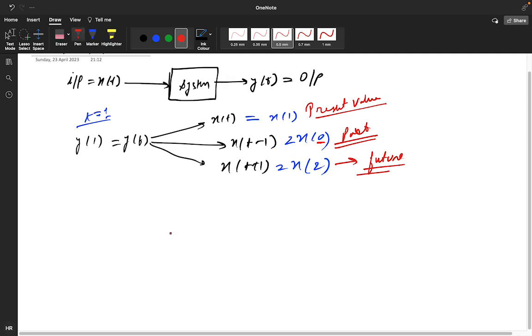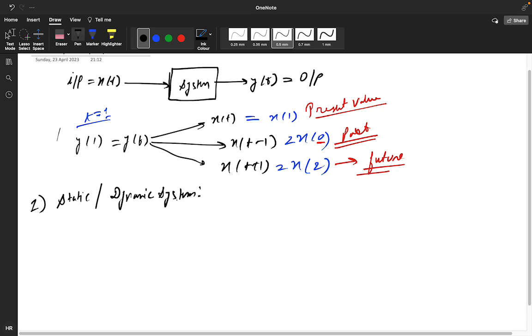So on the basis of present value, past value, and future value, the system has been classified as static and dynamic. So write the first topic, that is static slash dynamic system.